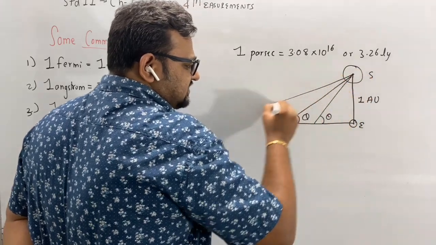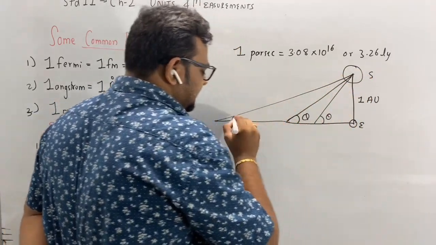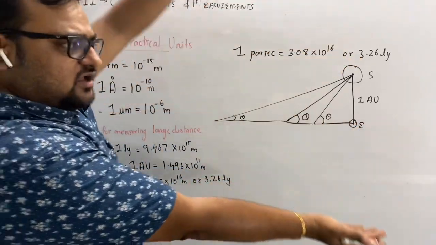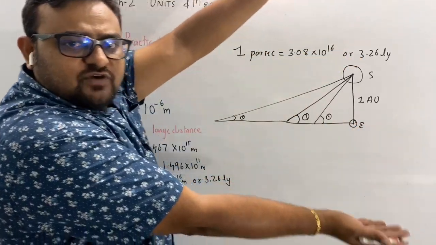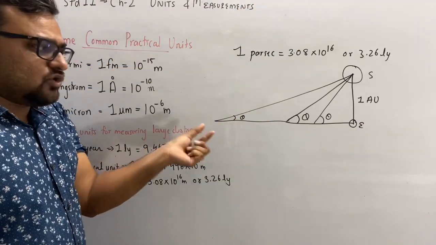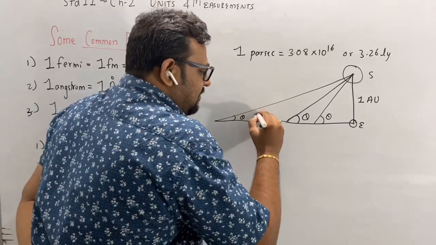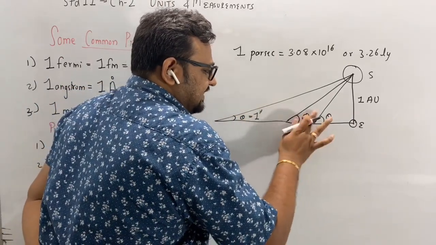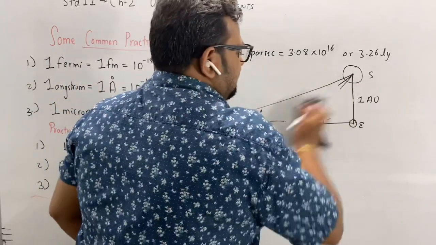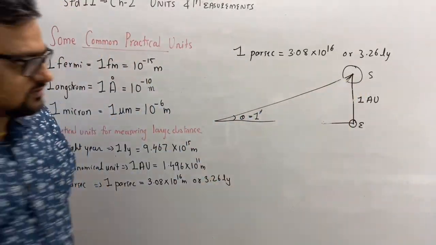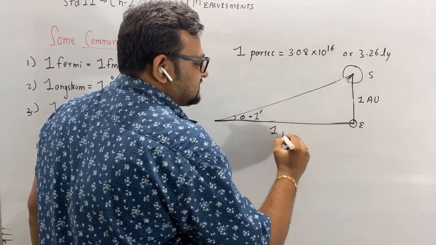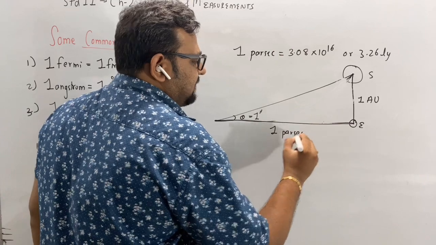When I extend this, the angle decreases. As you move far away, the angle decreases, decreases, and decreases. When this angle becomes 1 second, then this distance is called one parsec.